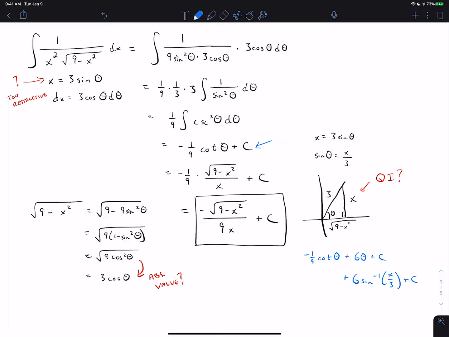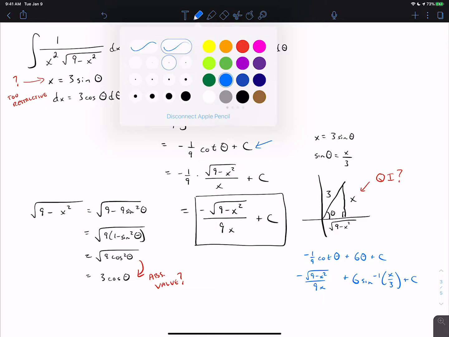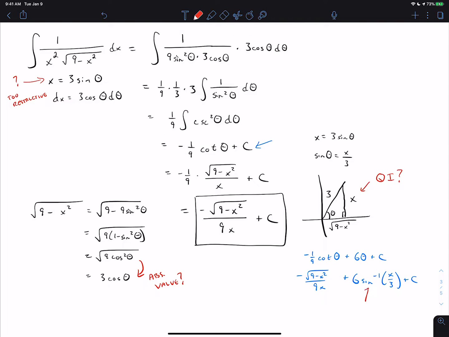We would have had the same thing here, negative square root of 9 minus x squared over 9x, but why is this part okay? Is inverse sine too restrictive? Remember that from trig, there's a domain restriction on inverse sine, and there may not be on theta. So let's talk about those assumptions and why what we're doing is okay on each of these steps.